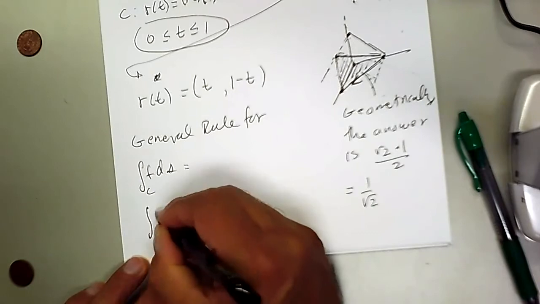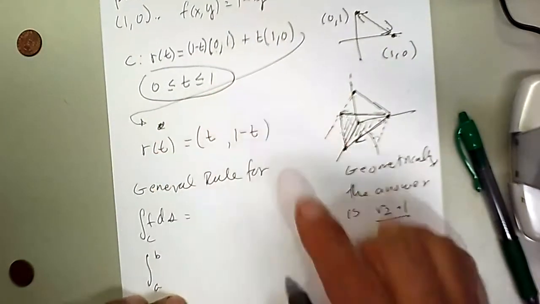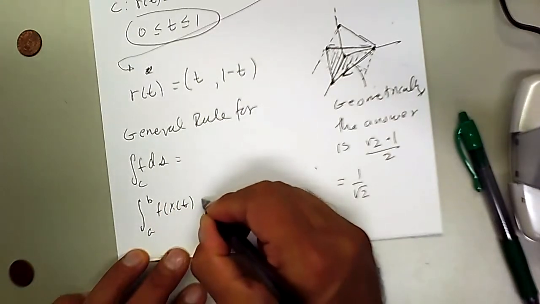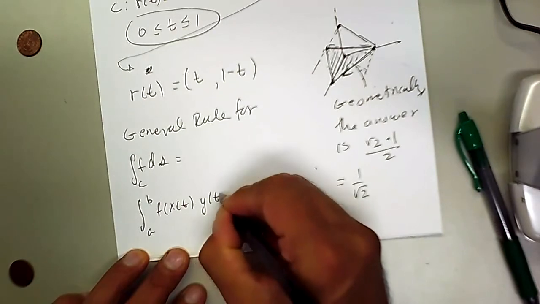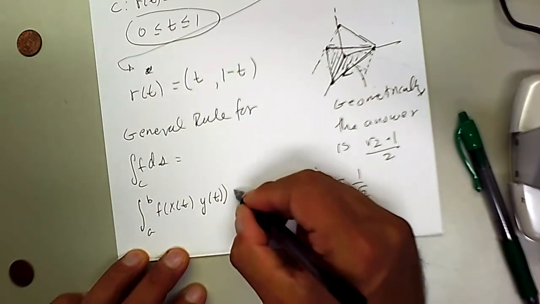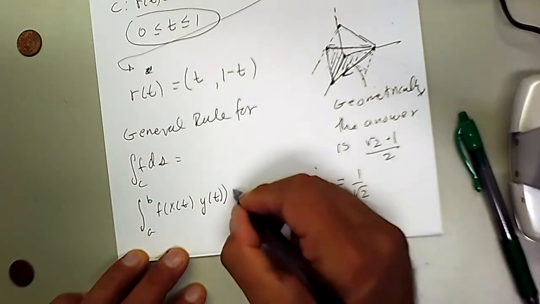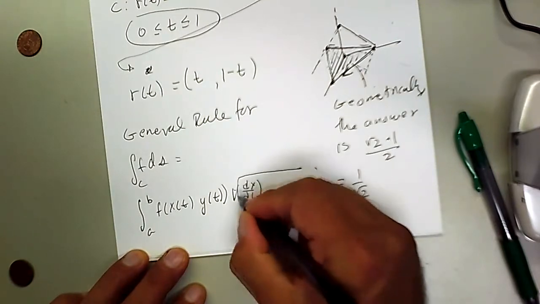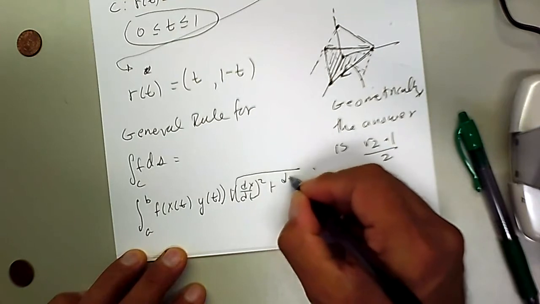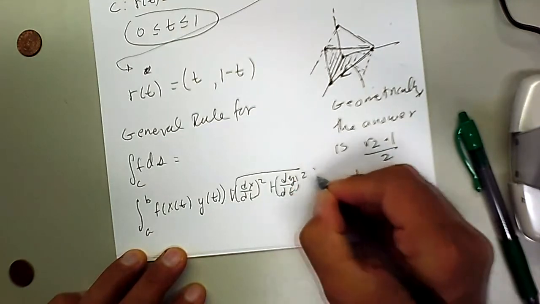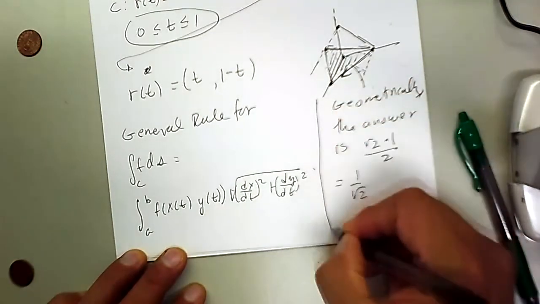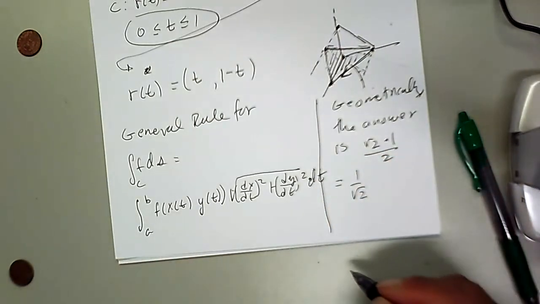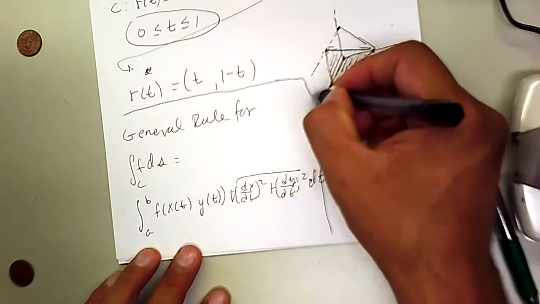The integral from a to b, assuming that we start in a and b, a generic a and b, of f of x of t, y of t, times the square root of the derivative of x with respect to t squared plus the derivative of y with respect to t squared, dt. Okay, so that is the general rule for how we do this.